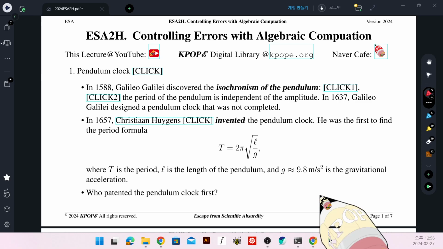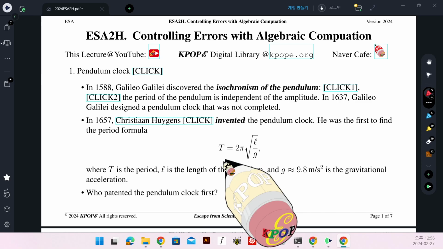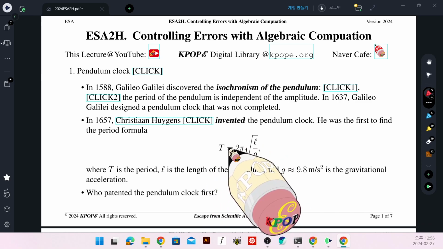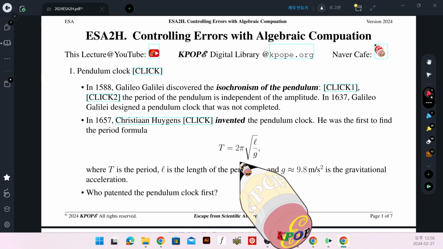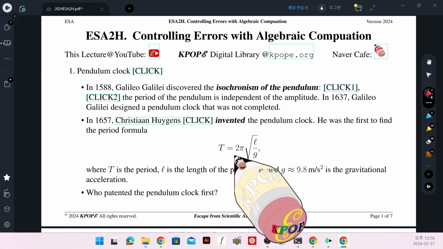All right, so Christian Huygens found this formula. Later in this semester, we'll find how this formula is derived, but let us just forget about the derivation of this formula.